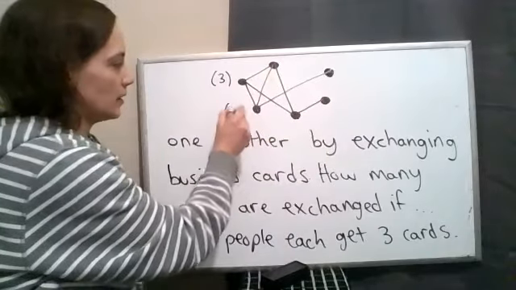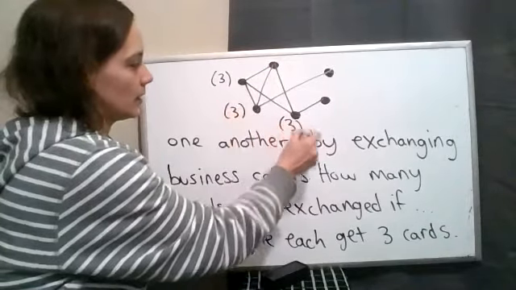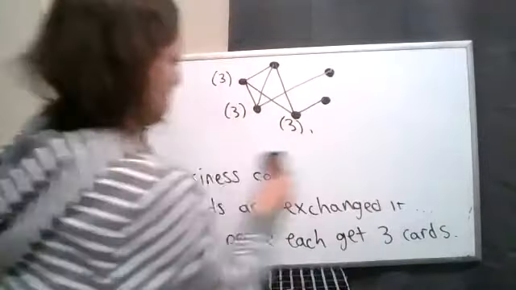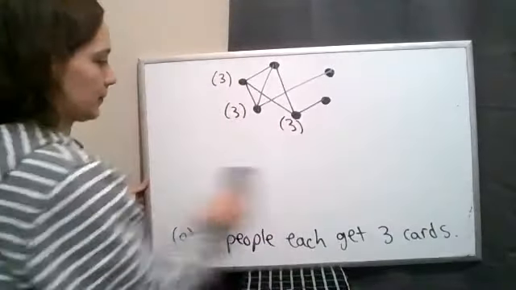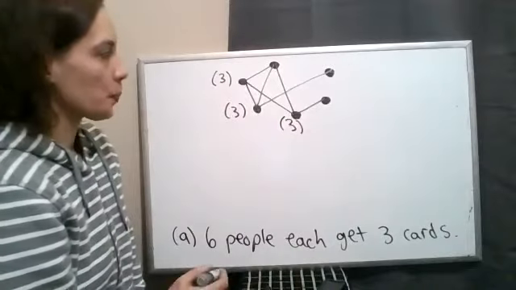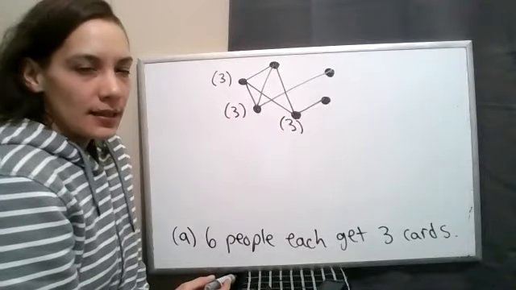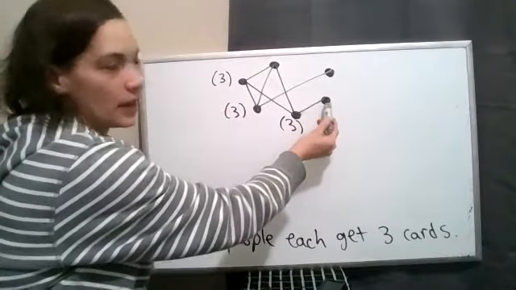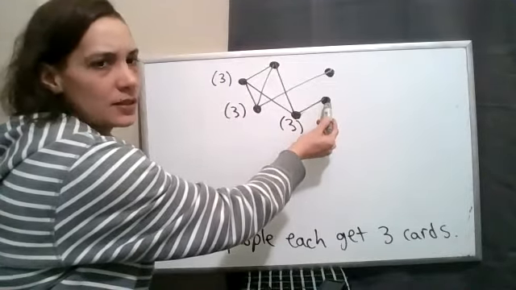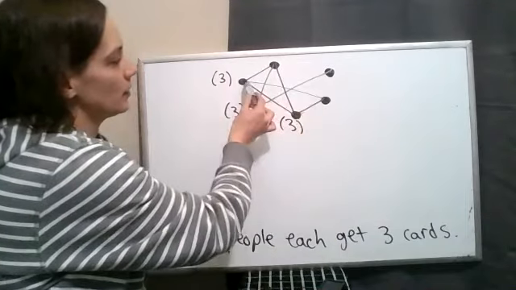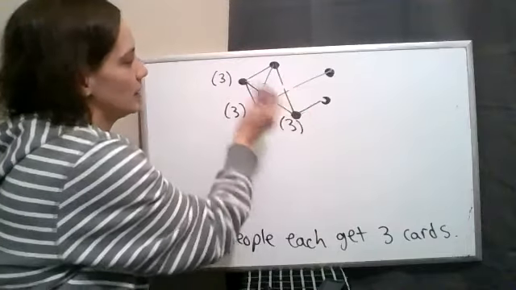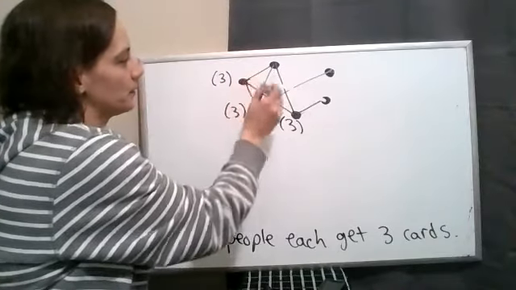So I've got another 3. And this vertex is going to go, I've already got 1 connection. It's going to go here. Wait, we've already got 3. It needs to stay at 3.